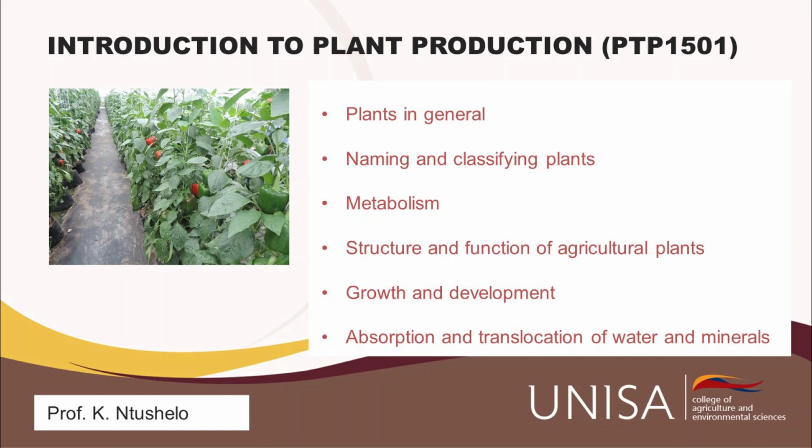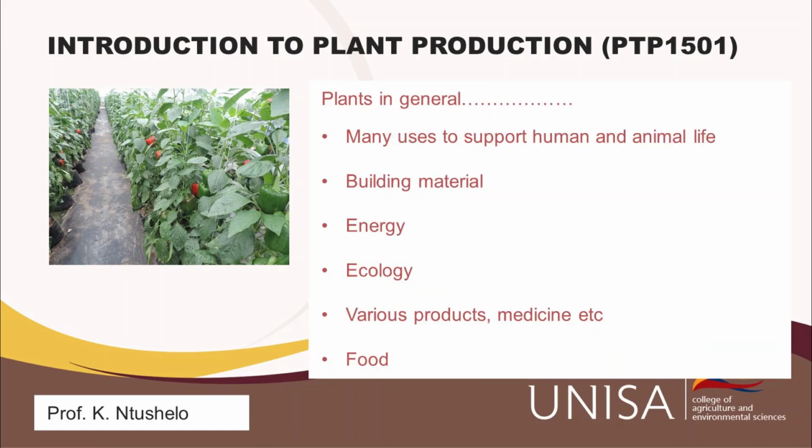Now, let's talk about plants in general. We have many uses for plants. They support us as humans. They support animals. We use them as building material. We use them for energy. They are part of the ecosystem.